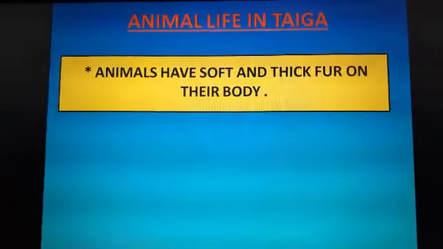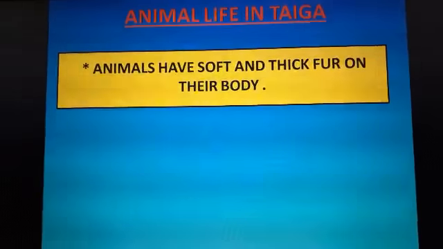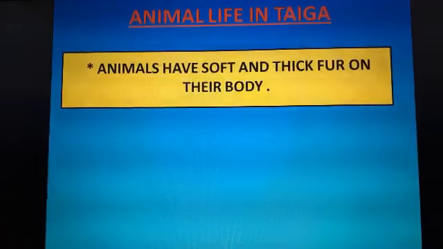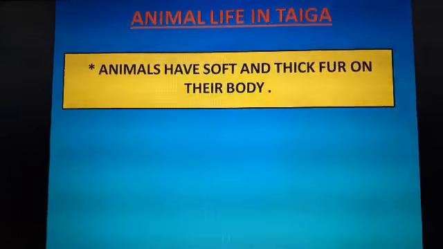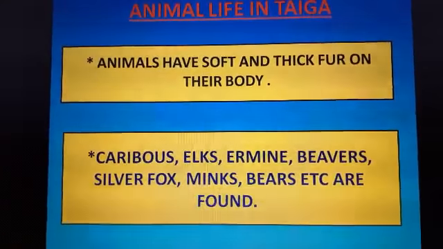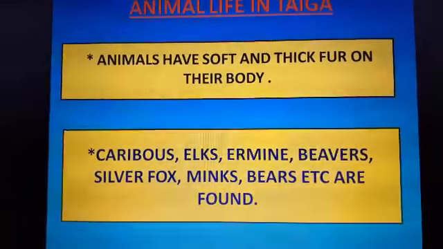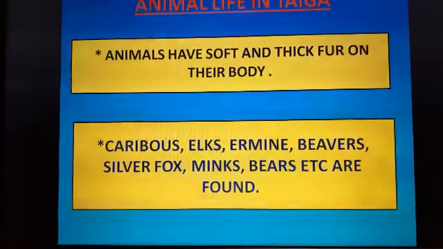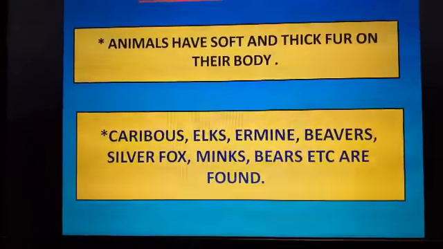Which animals are found? Animals that have soft and thick fur on their body are found in taiga region because that is also covered with ice. Caribous, elks, ermine, beavers, silver fox, minks, bears, etc. are found. So these are the animals found in the region.